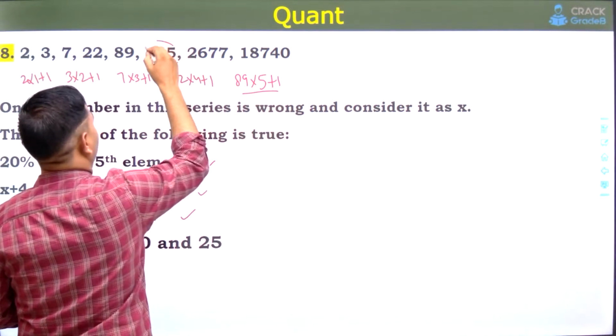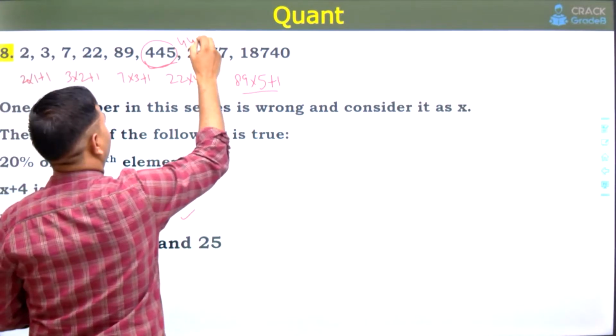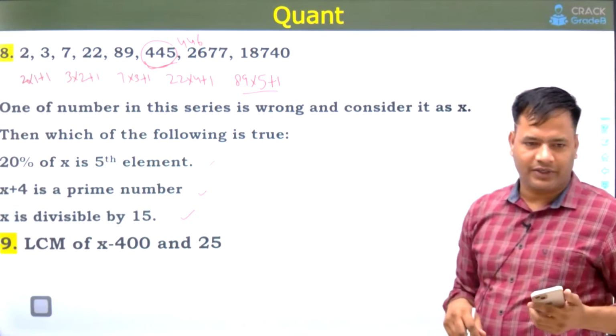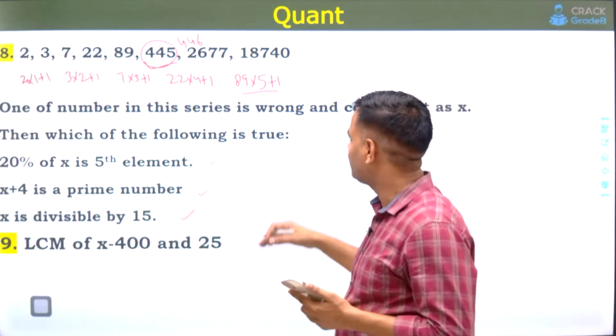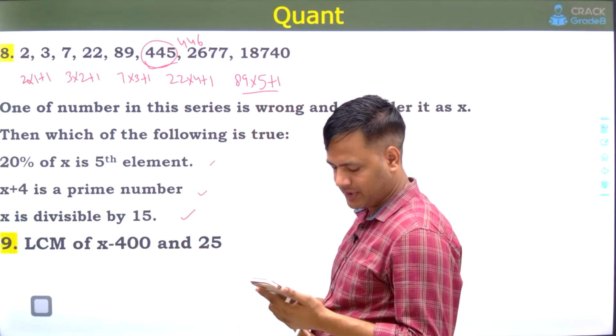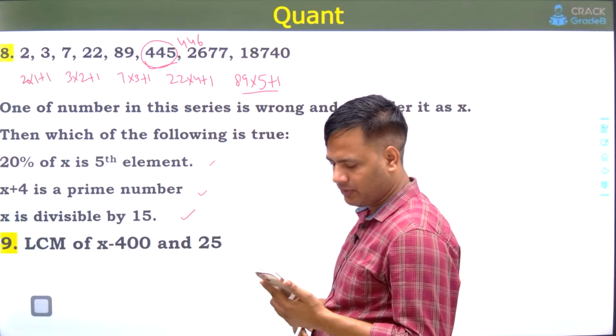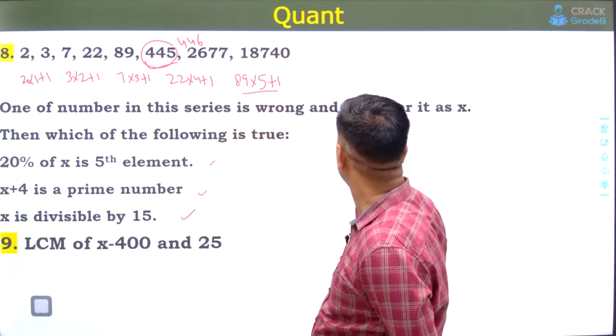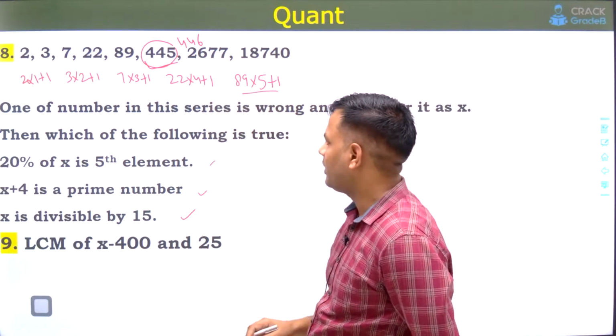So here it will be 446. I am not a quant teacher, but still I am trying to teach you. 446. Yes, here it will come 446. So this was wrong. So x we have considered as 440.